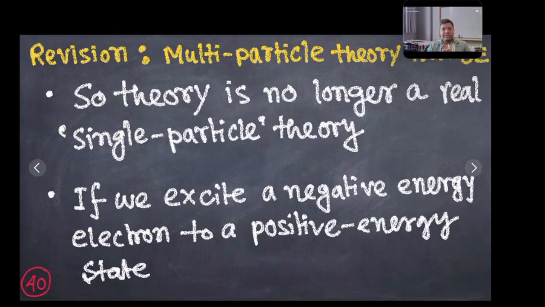He did not want a multi-particle theory, because whenever a theory has more than one particle, the dynamics become more complicated. With only one particle moving, you can easily understand the dynamics, but with more than one particle you also have to understand their interaction with each other. So the theory becomes more complicated.